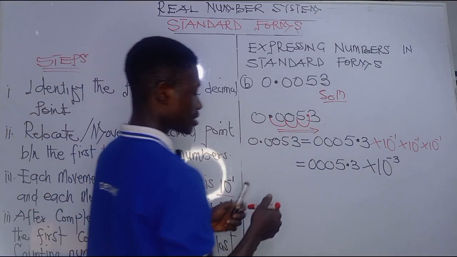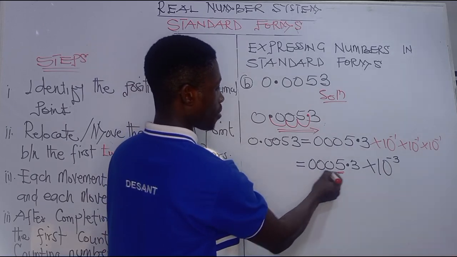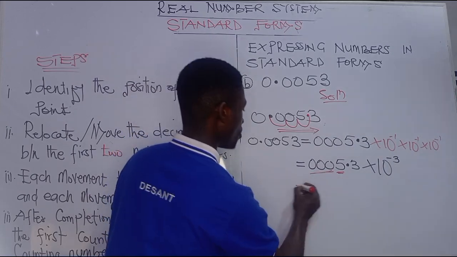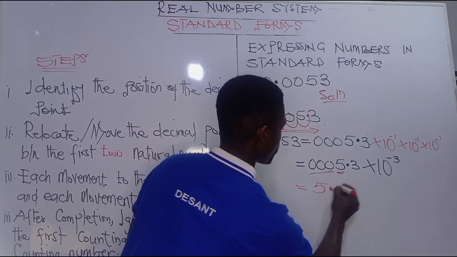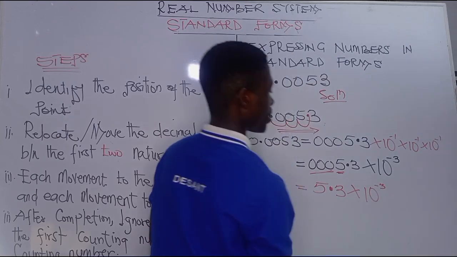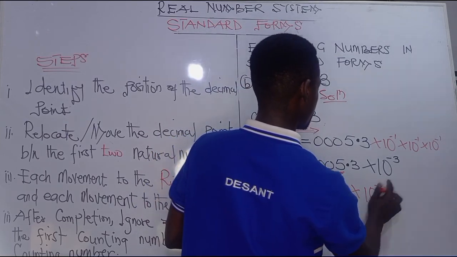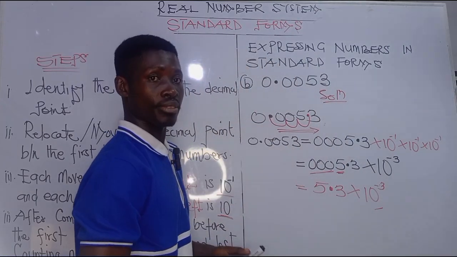So this is the first counting number. So we are going to ignore the zero before the first counting number. So finally, our answer is going to be 5.3 times 10 raised to the power negative 3. And this is the standard form of this very number.